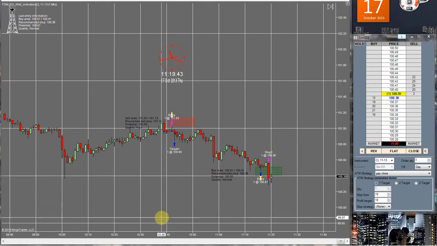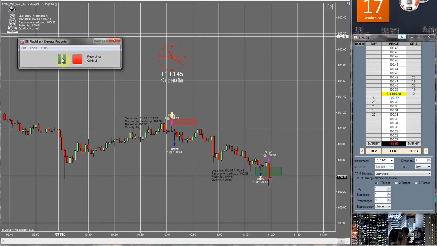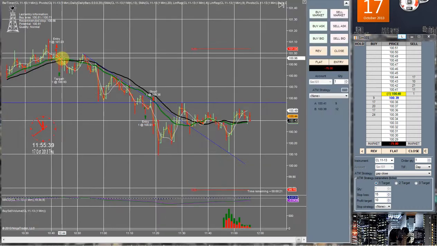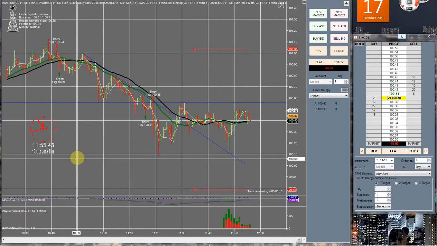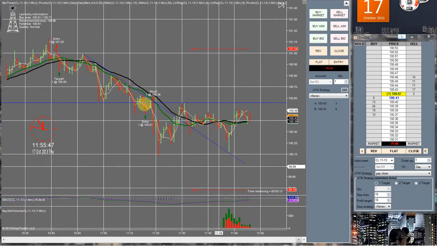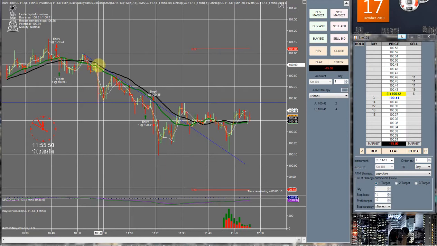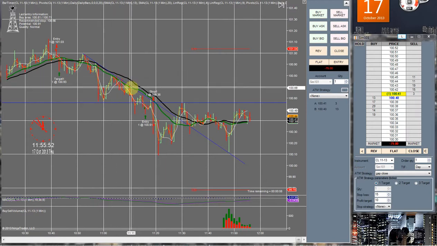Let's see if I can find my, here it is. Okay, I'll be back. And I wanted to make a quick update. Something that I forgot to do was to add my support and resistance areas and also my trend lines. As you can see here, there is a trend line going down this area right here, which is serving as a level of resistance.